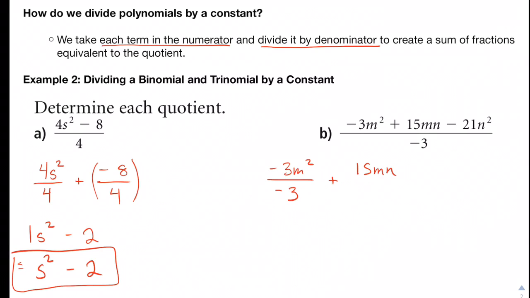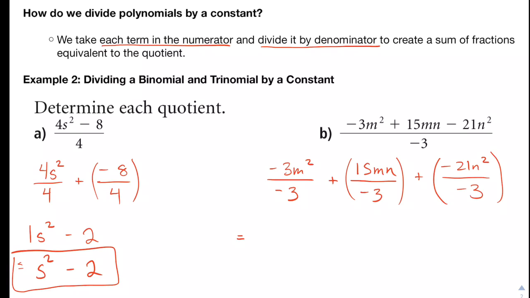Don't worry about the mn, it's just variables. But the key part is we need to divide by negative 3, and we do a plus sign, and then minus 21n squared, and we are going to divide this by negative 3. All I did here was divide each of the terms on top by negative 3.